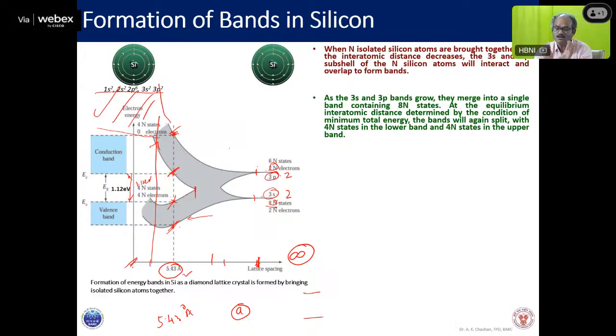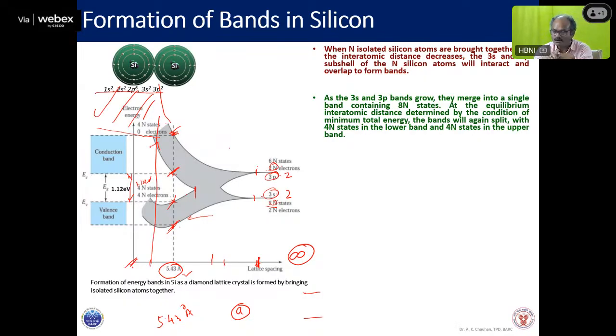When the atoms are brought together and the crystal is formed, the energy levels, or the presence of the electrons in different energy levels, is different than that of the isolated atoms. So the material behaves differently than its behavior in its atomic state.